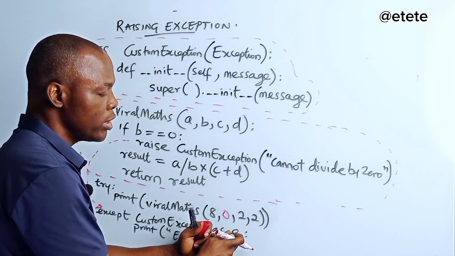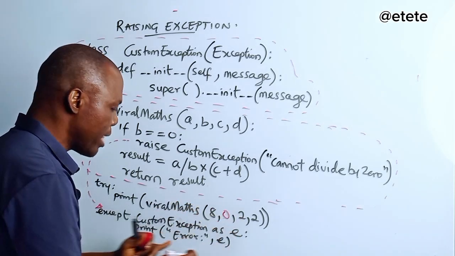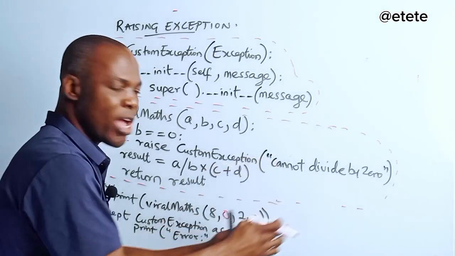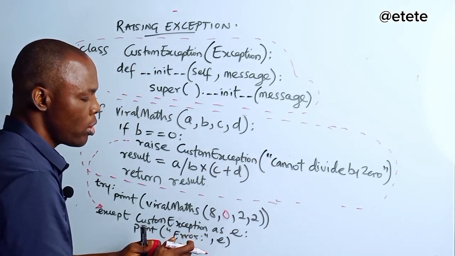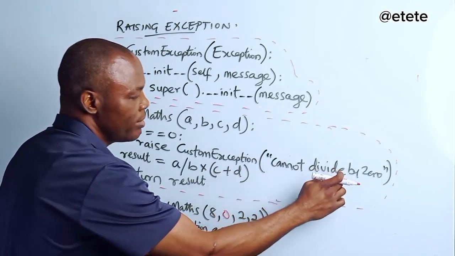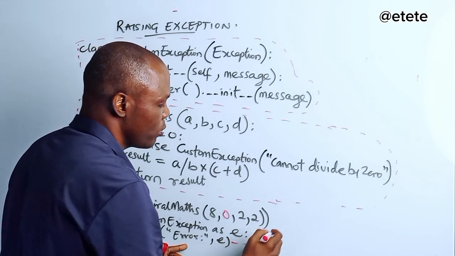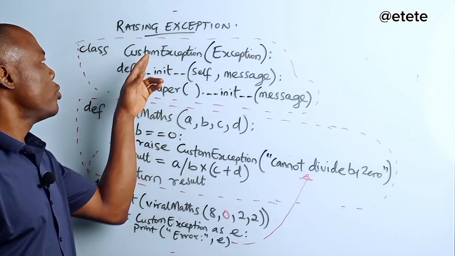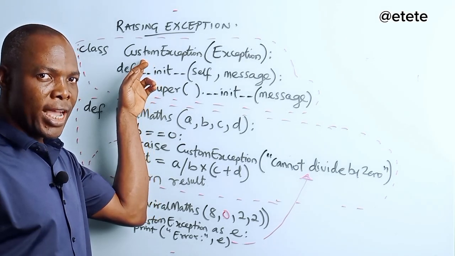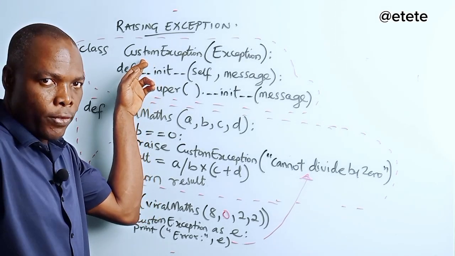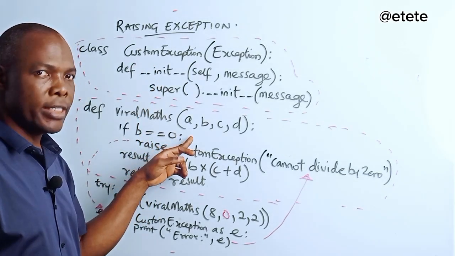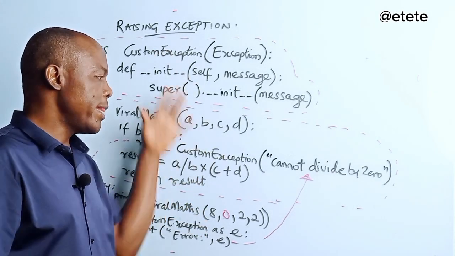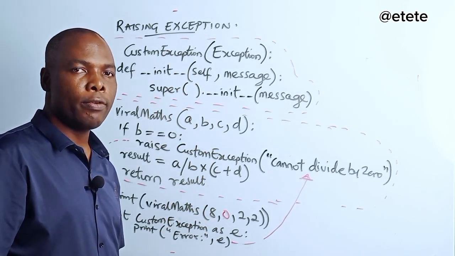And this instance, which is the object, is created for it. Through that object, it will access cannot divide by 0. And it will print out my output as: Error, colon, cannot divide by 0. So this is how you create an exception class of your own, then you raise it here, and then you handle it here. So let's go to PyCharm and let me demonstrate this for you to see.